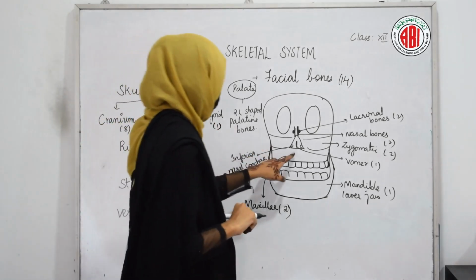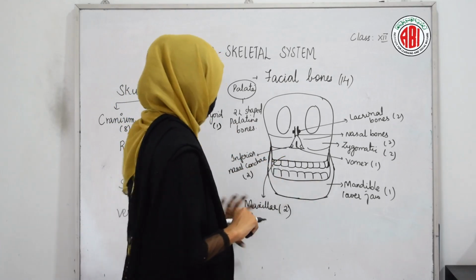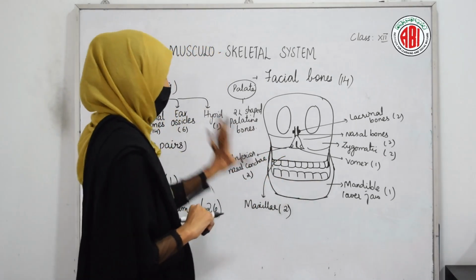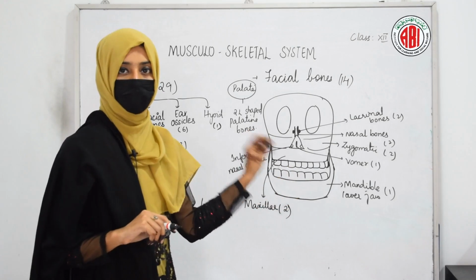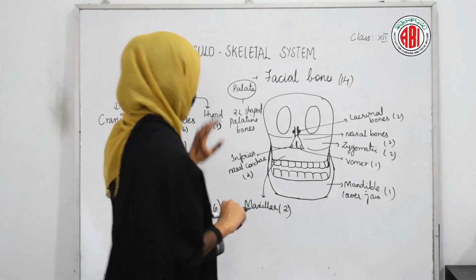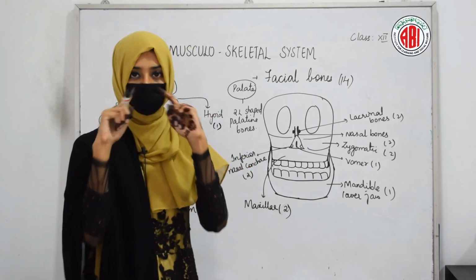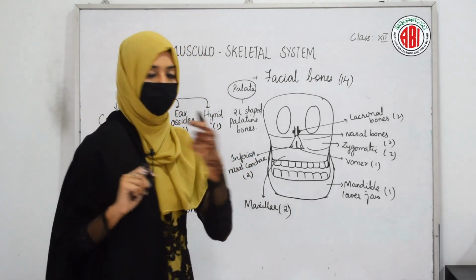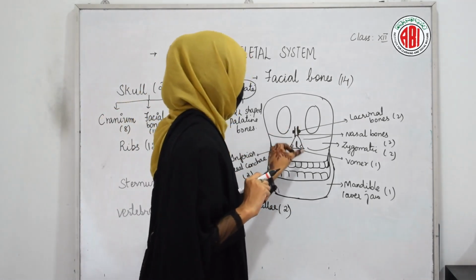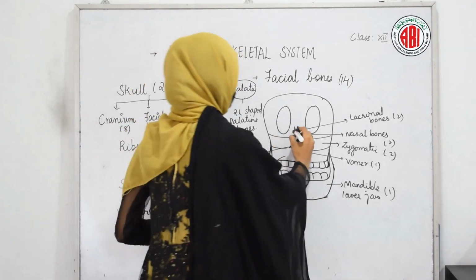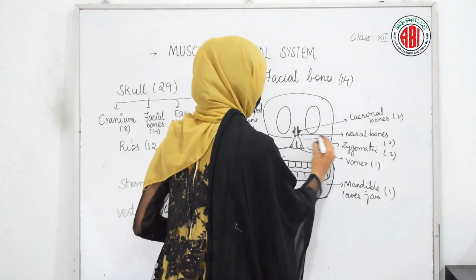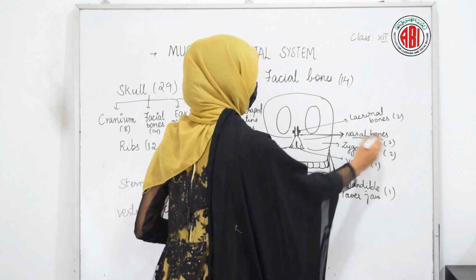So here, mandible and maxillae are present in your lower and upper jaw. Now, when you look at the structure of your nose, then 2 bones are present at your sides, and those 2 bones that are present at the sides, we call nasal bones.